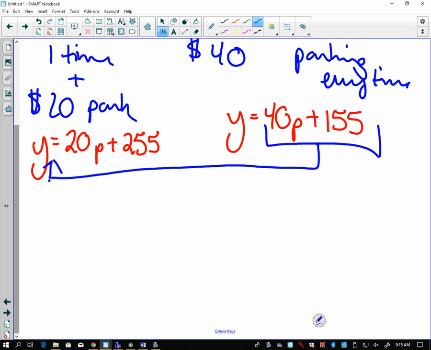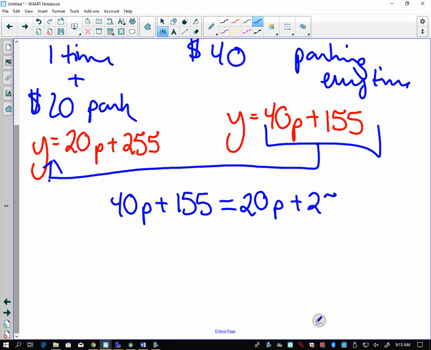Okay, so how would I rewrite the equation then? Go ahead. Okay, all right. Because we wanted to know when they would be equal anyway, right? All right, let's go from here.